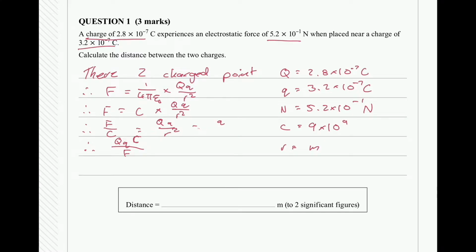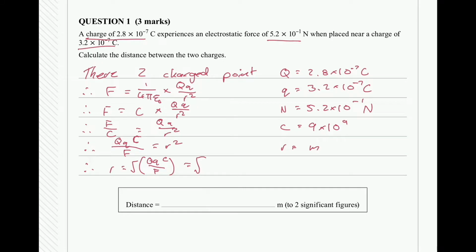And it can rearrange to our below statement. It is equal to r squared. Final step is r is going to be equal to the square root of q multiplied by Coulomb's constant divided by the force. And now this is where I can put my values in.